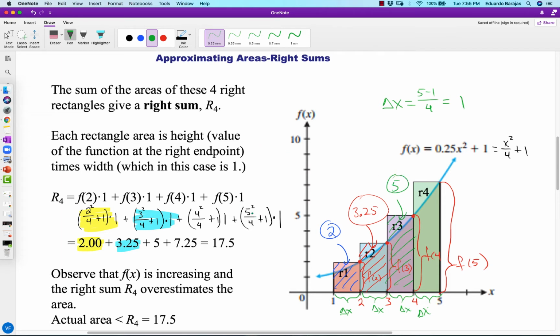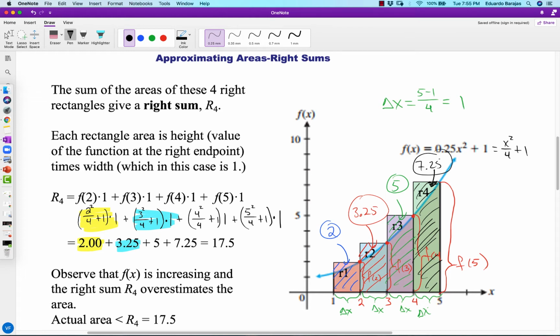And finally, the last one is 5 squared divided by 4 plus 1 times 1. That's going to lead to 7.25, and that is, of course, the area of the fourth and final rectangle, this guy right here, which is 7.25 units. And so we get that right there.